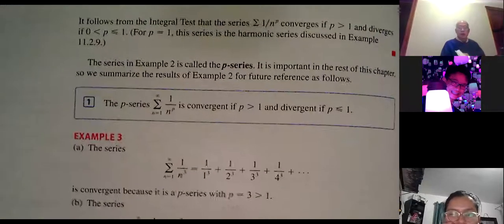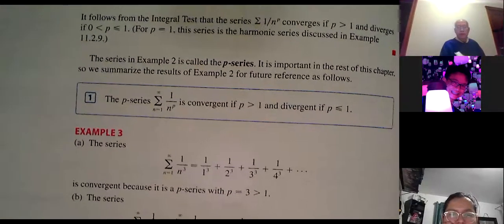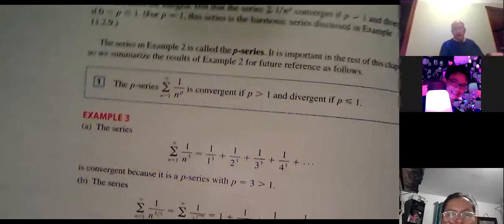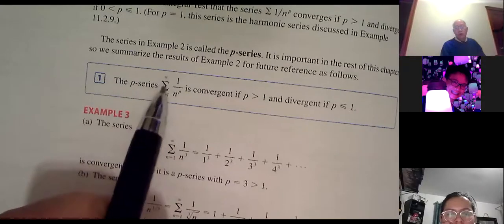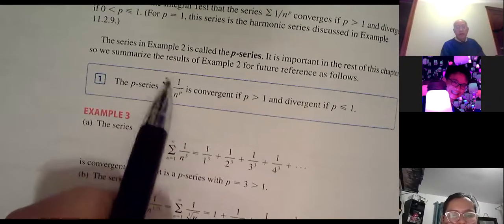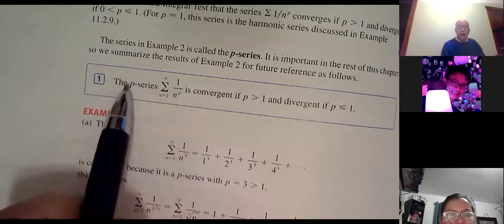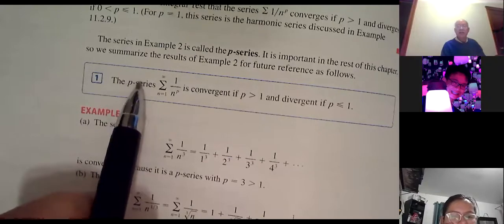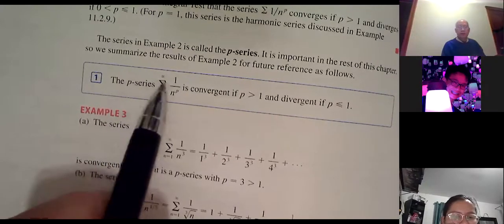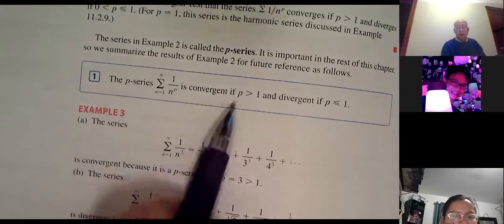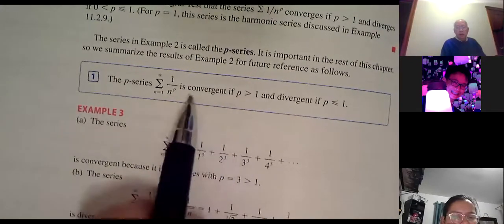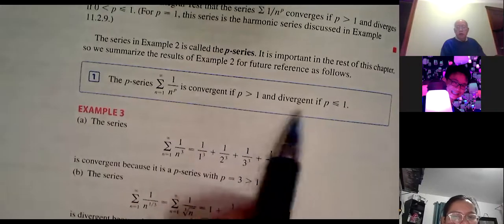If you have something that looks like 1 over n to the p, you can have any constant on top. It could be 4 over n to the p. Just take it 4 times 1, pass the 4 outside, and remember, multiplying by a non-zero constant will not affect convergence or divergence. Okay, so if p is bigger than 1, the power is bigger than 1, series convergent. If the p is less than or equal to 1, the series is divergent.